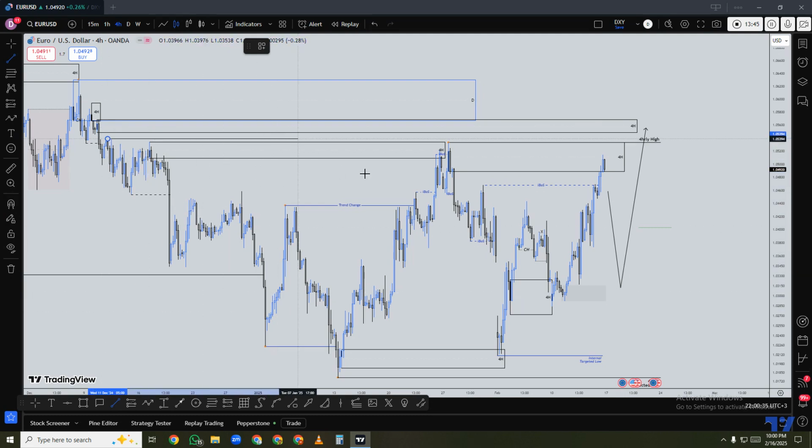liquidity resting above. We have a lot of liquidity resting above that. So all of these zones, just like with the GBPUSD, this zone may be used as an inducement zone for these zones.